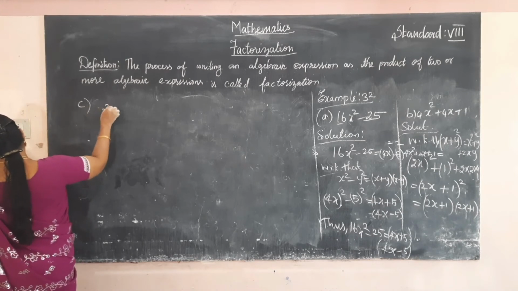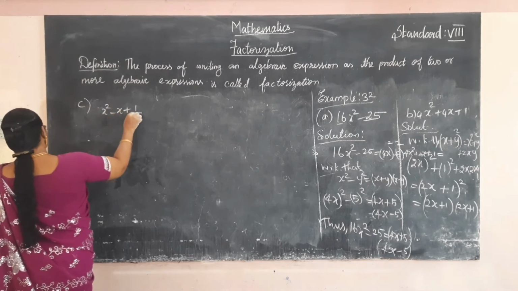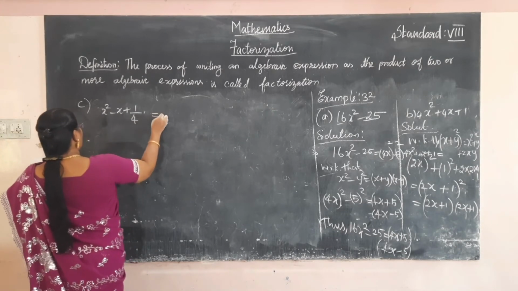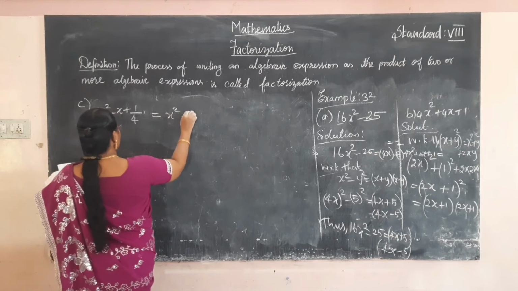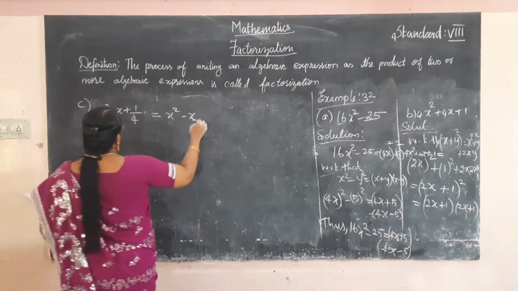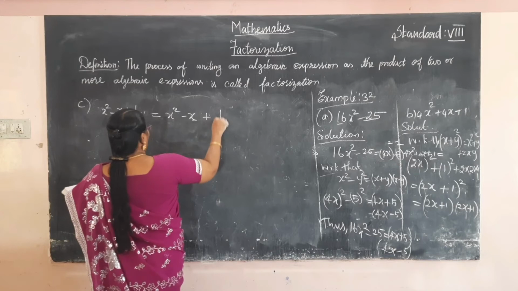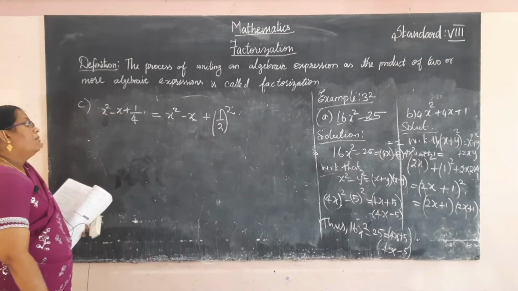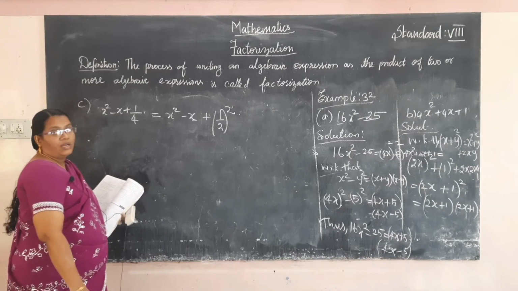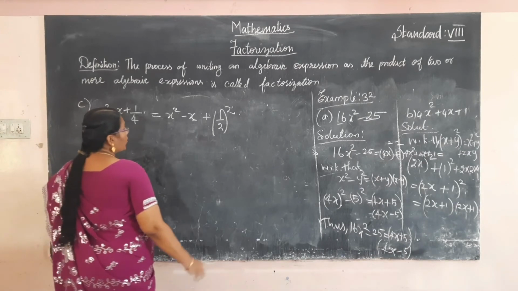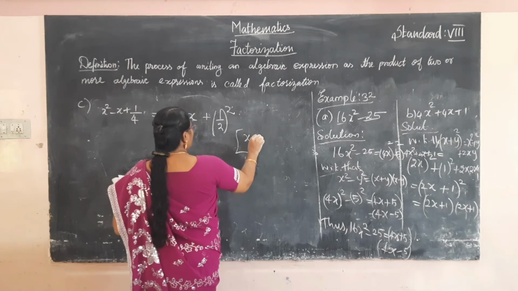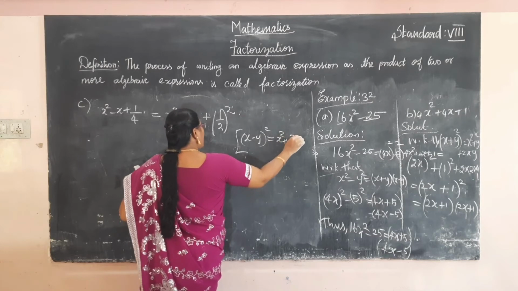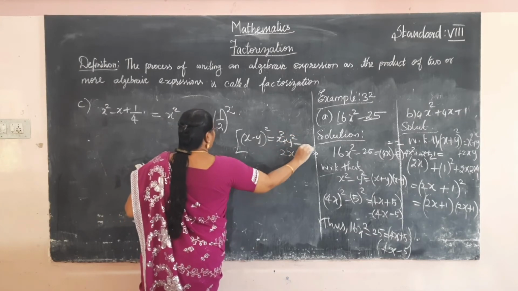Part c: x squared minus x plus 1 by 4. It can be written as x squared minus x plus 1 by 2 the whole squared. That's it. It is in the form of a minus b the whole squared, or x minus y the whole squared, identity 2: x minus y the whole squared is equal to x squared plus y squared minus 2xy.